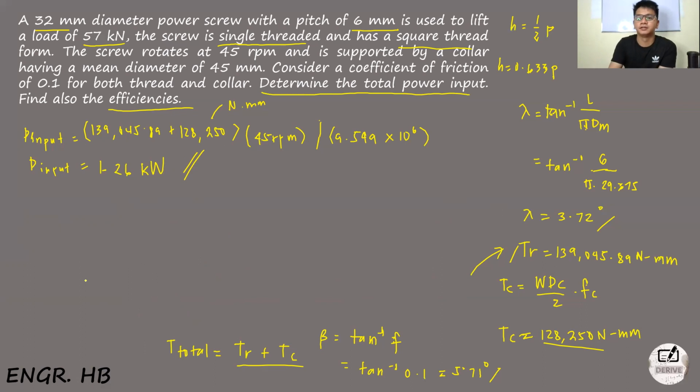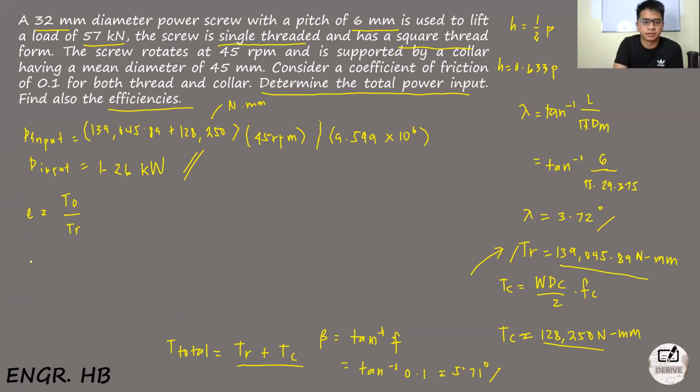And ayan, so efficiencies tayo. So efficiencies of screw alone, we all know that that's the ratio of the TO divided by TR. So ang alam na, wala tayong TO kanina pero meron na tayong TR. So asan TR natin? TR, yan.